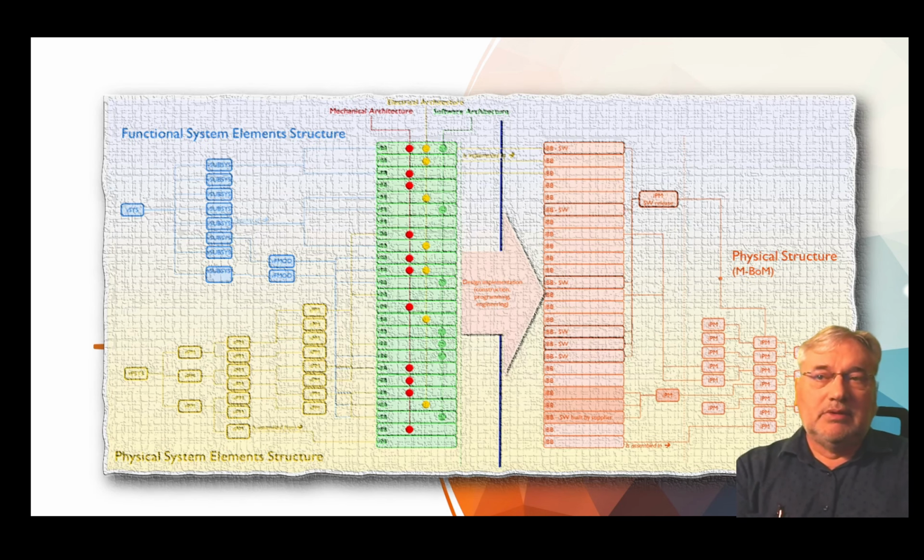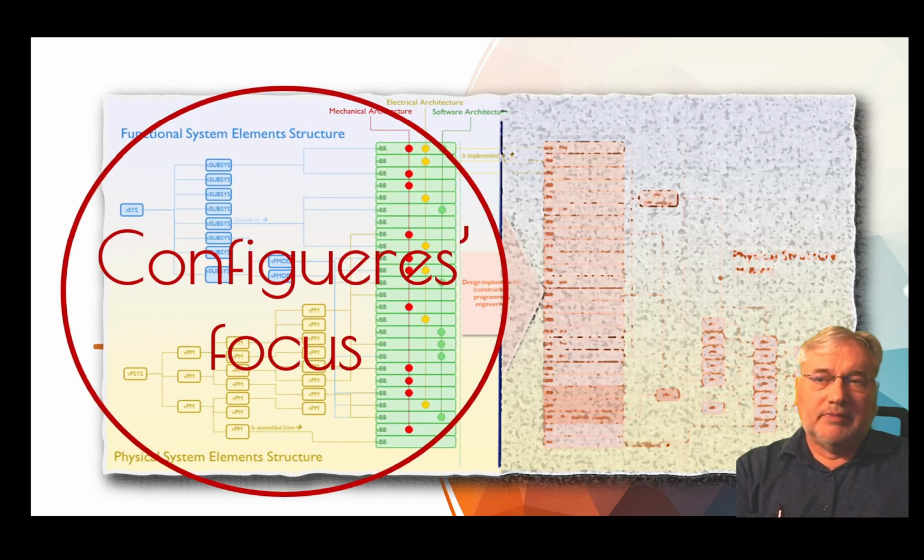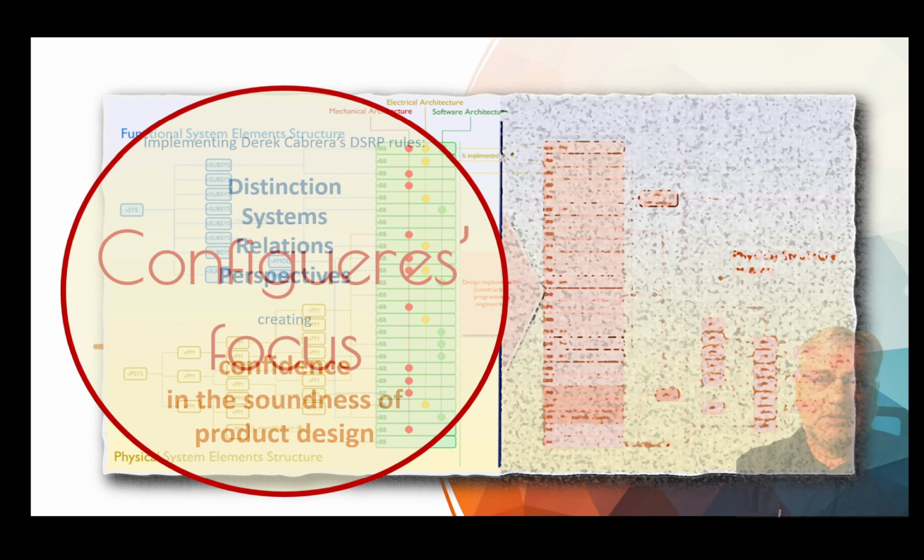In doing so, it streamlines an important part of the system architecture and design process and offers a solid basis for configuration management during the design phase. By making all relevant relations explicit in the model, it ensures that nothing is left to chance, reducing errors and miscommunications, providing confidence in the soundness of the product's design.